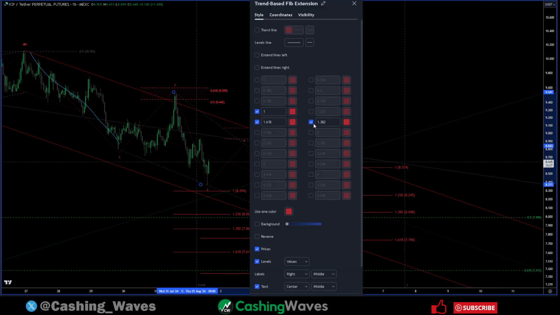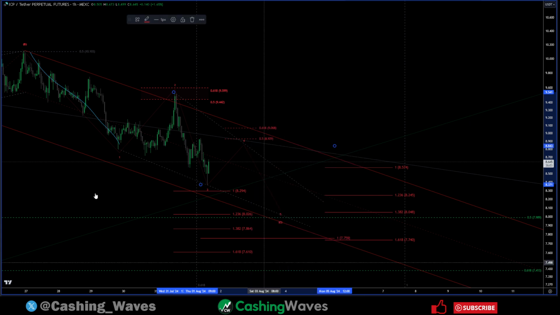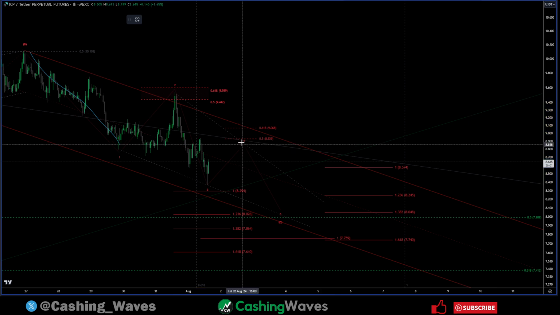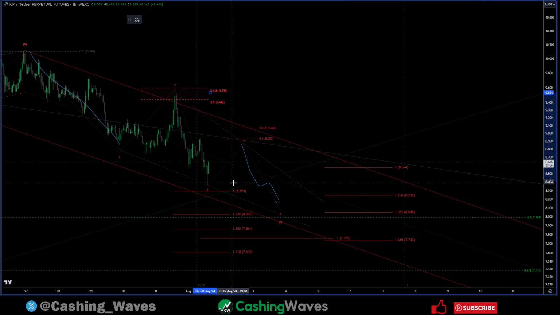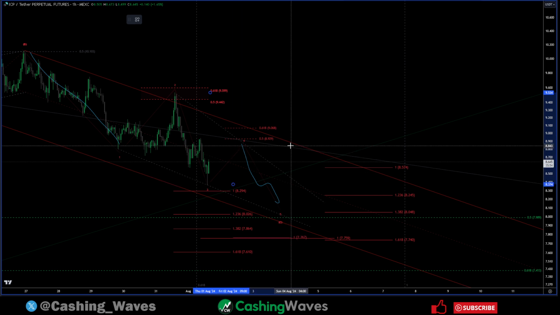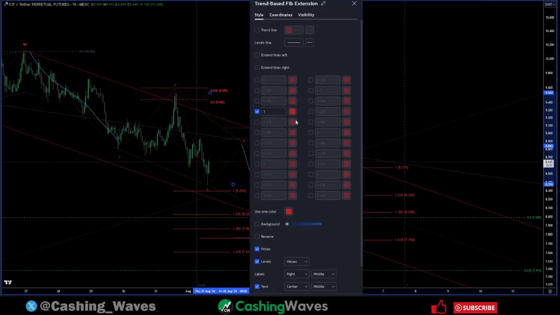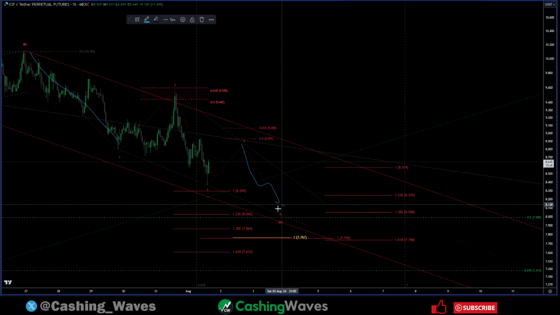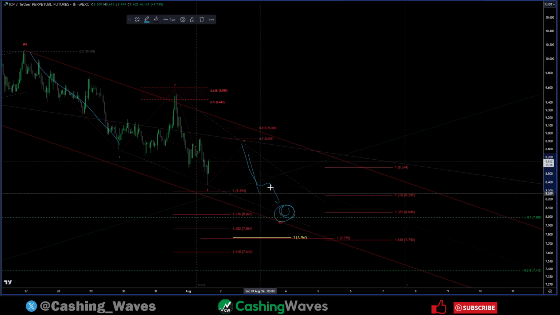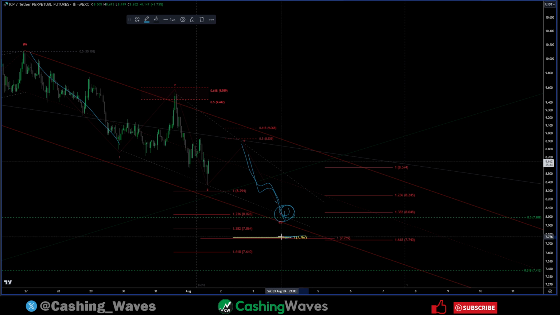And we can try and get as close to that 1-to-1. So say this 3rd wave comes in. We can try and get as close to this 1-to-1 as possible for a long after this fifth wave, and put our stop one tick past that 1-to-1.